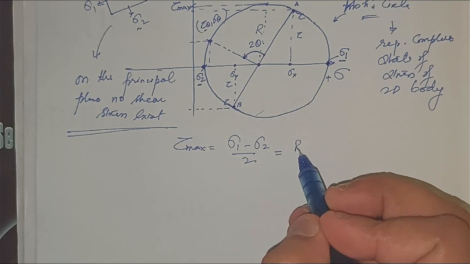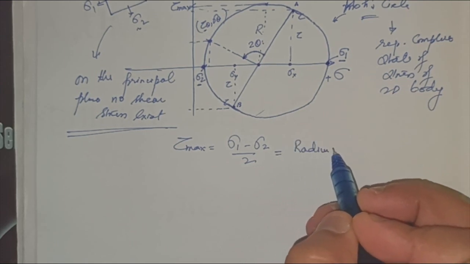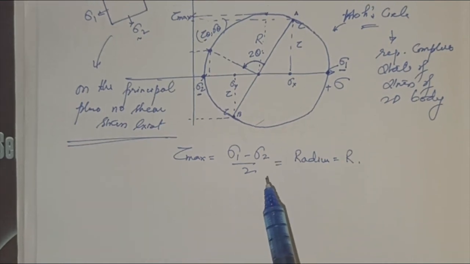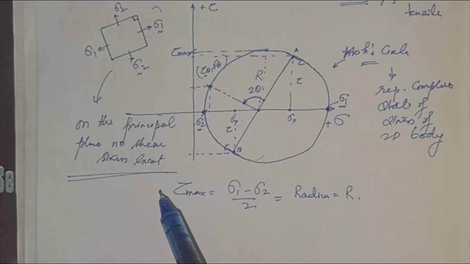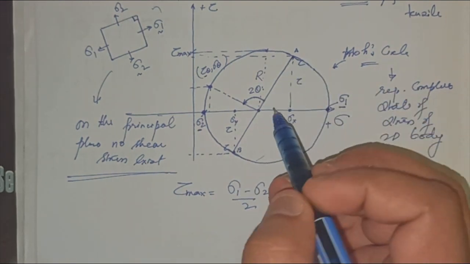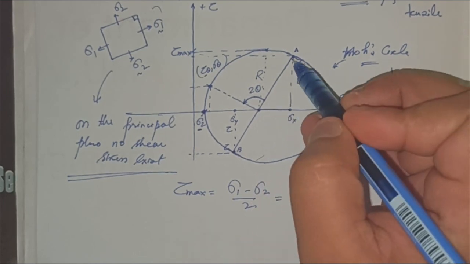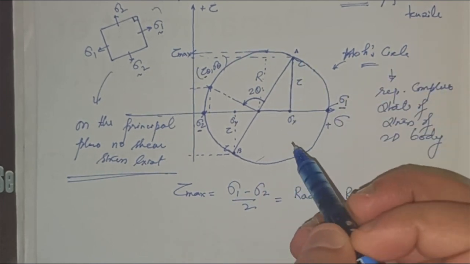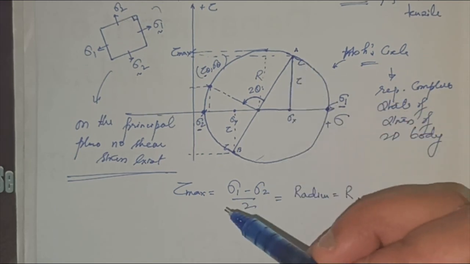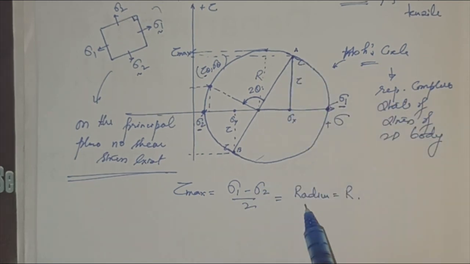So let's say that this is the radius r. Let's obtain tau max from this Mohr circle. From the construction it can be obtained very easily. Let's consider this triangle. The hypotenuse is the radius of the circle, tau max.